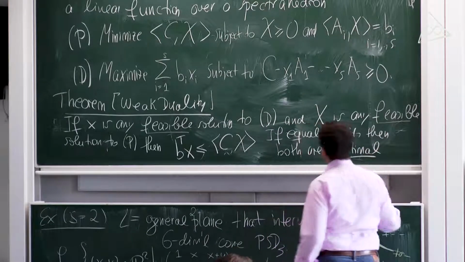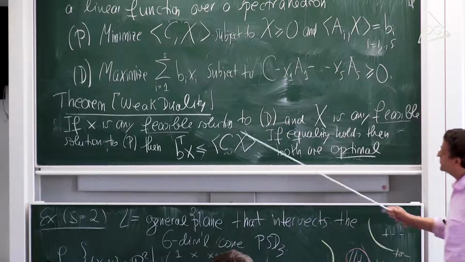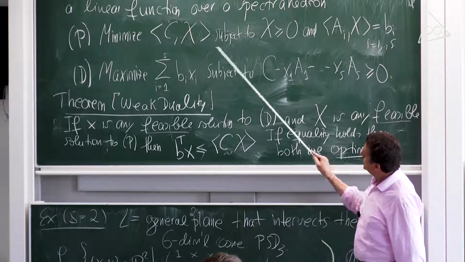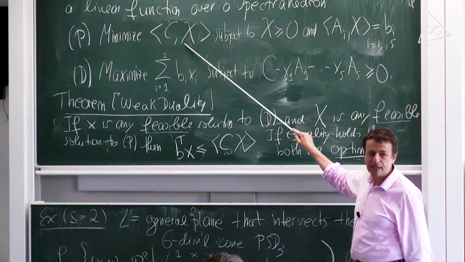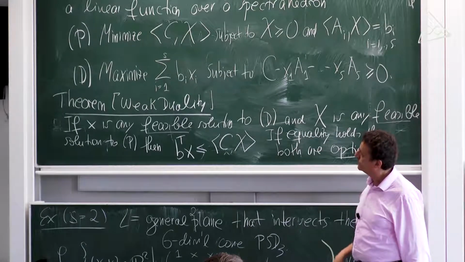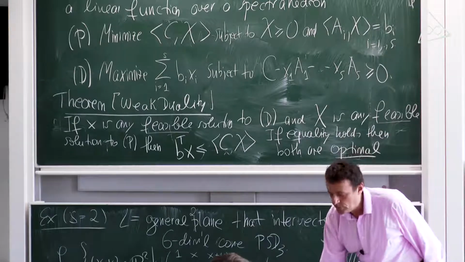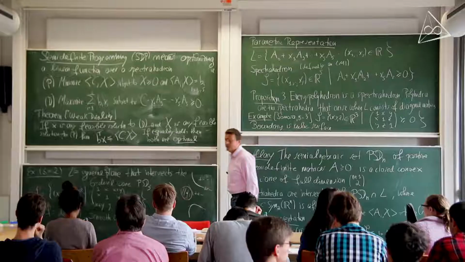Optimal solution means a feasible solution that actually solves the problem. If you have a feasible solution that attains this minimum here, then we call it an optimal solution. And down here we have a feasible solution, lowercase x, that attains that maximum. We call it an optimal solution.